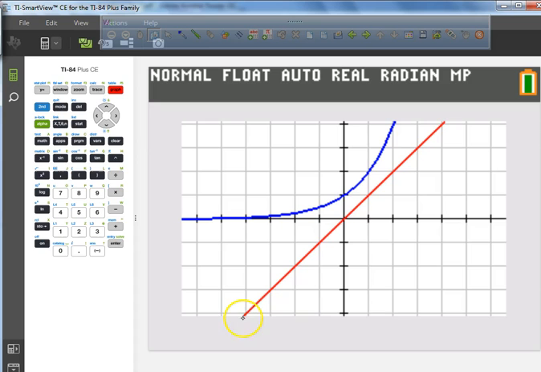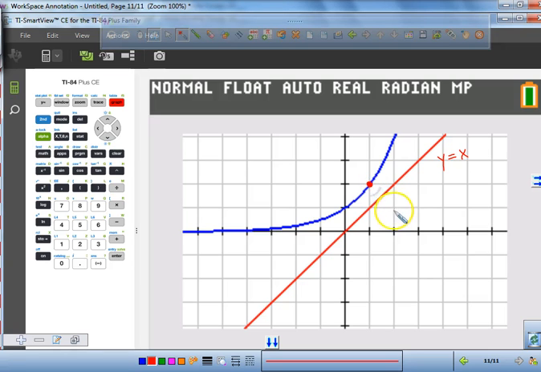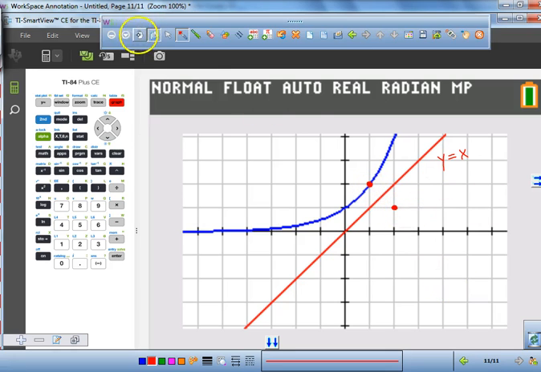So our logarithmic function will reflect across this line y equals x. They will be symmetrical. So if I have a point right here, then I should have a point that goes right there. They will be perfectly reflected across y equals x.